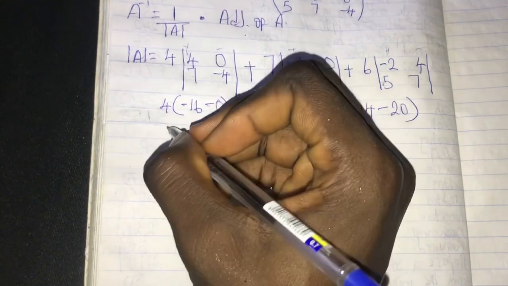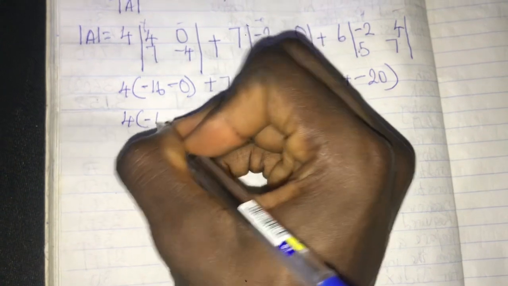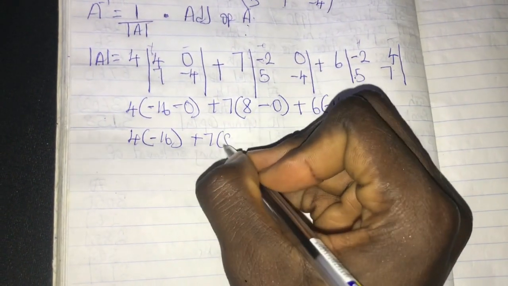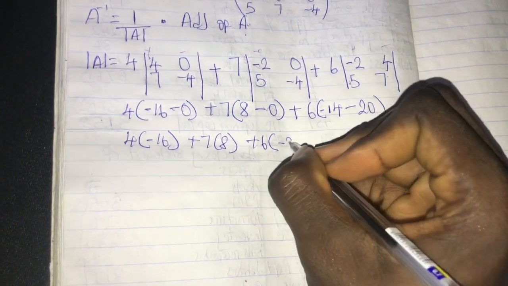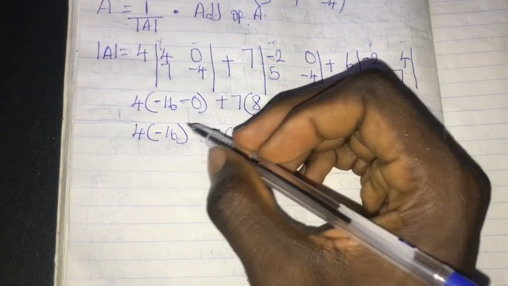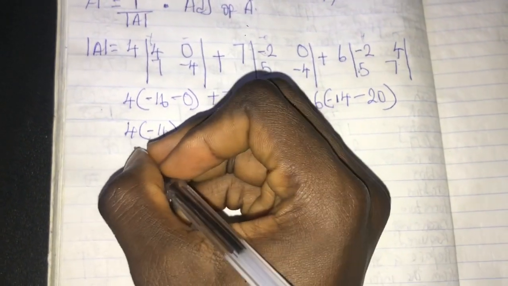The next step is to start expanding. So this will give us, in brackets, minus 16, plus 7 bracket 8, then plus 6 minus 34. Close bracket. Now you can start: 16 times 4 is 64, so this will give us minus 64.